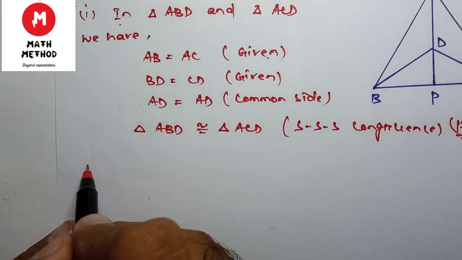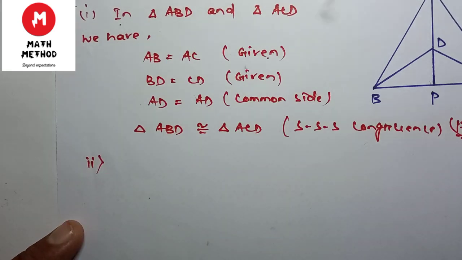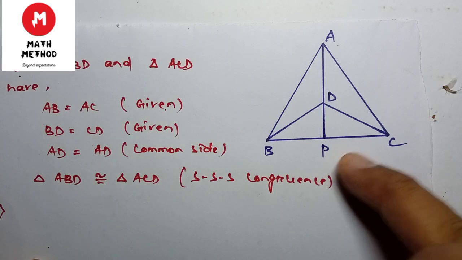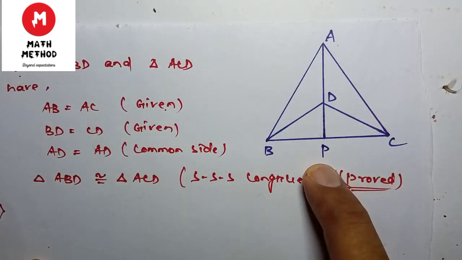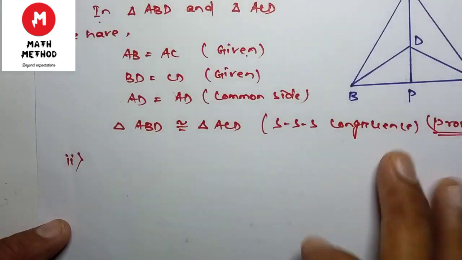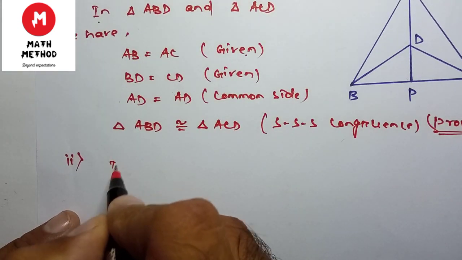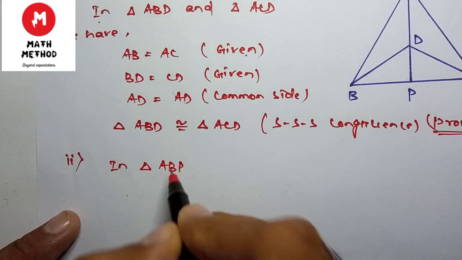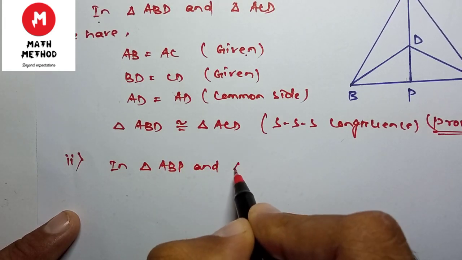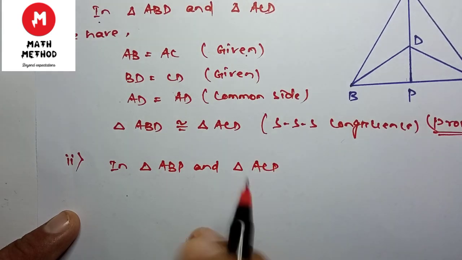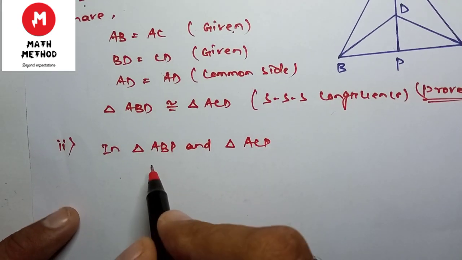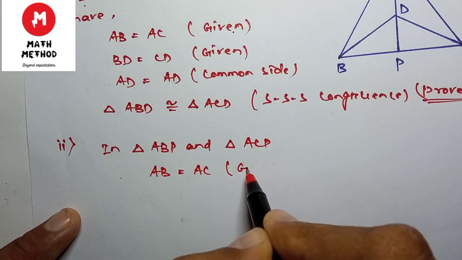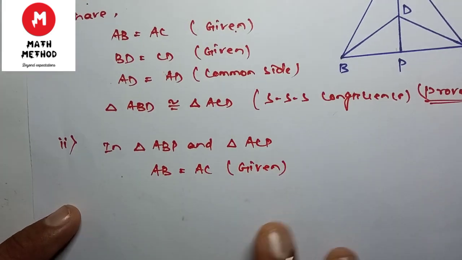Similarly, we have part number 2. Here in part number 2, we have to prove triangle ABP is congruent with triangle ACP. Now in triangle ABP and triangle ACP, similarly we have AB is equal to AC. This is our given, isosceles triangle.